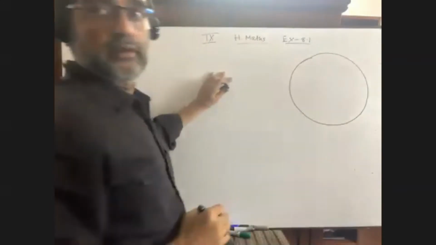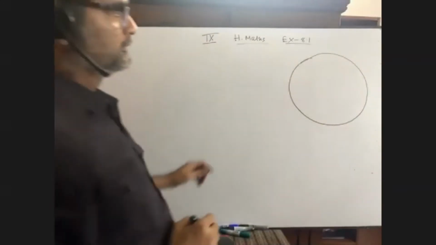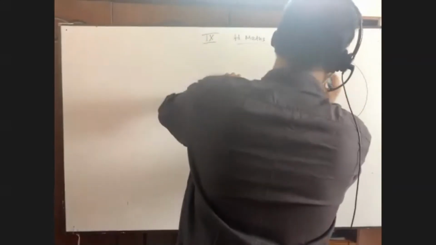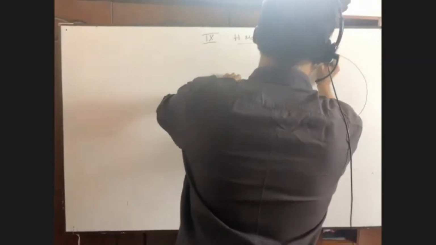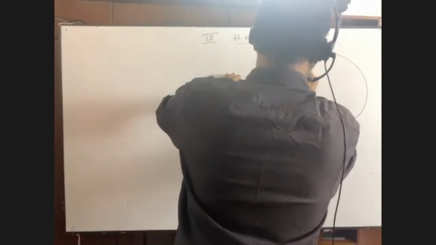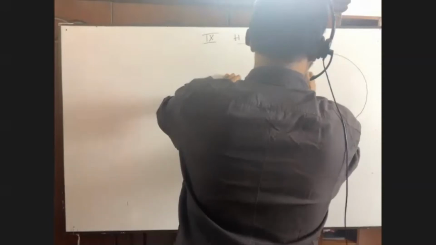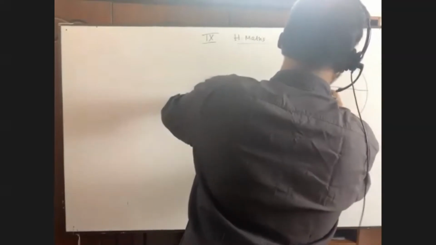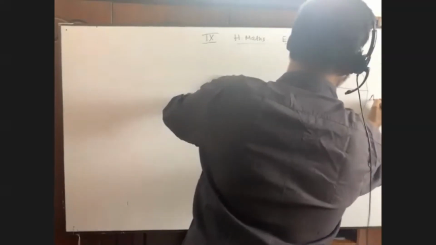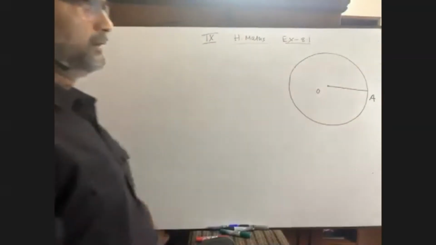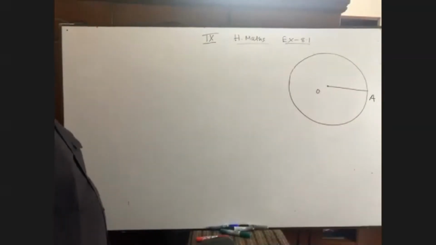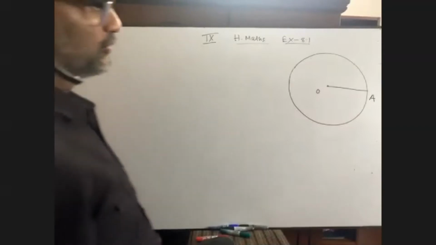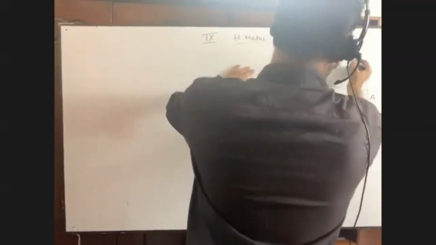Take a circle like this. It is the center. OA. Now, like the previous one, take this measurement.